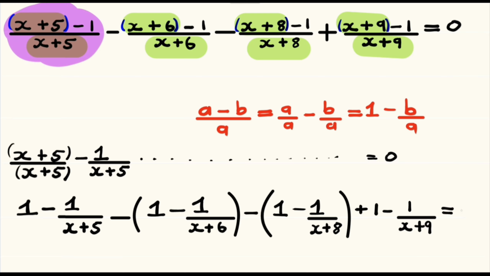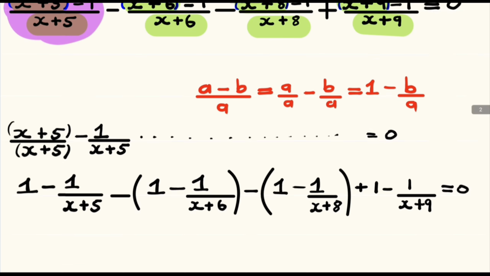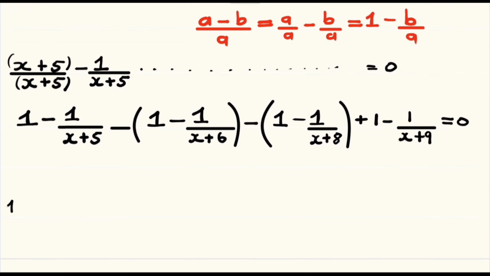And this will be equal to 0. Our equation will be equal to 1 minus 1 divided by x plus 5.